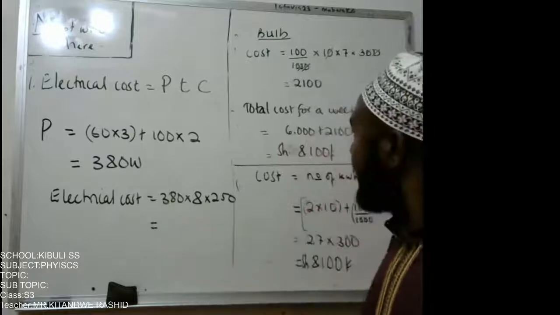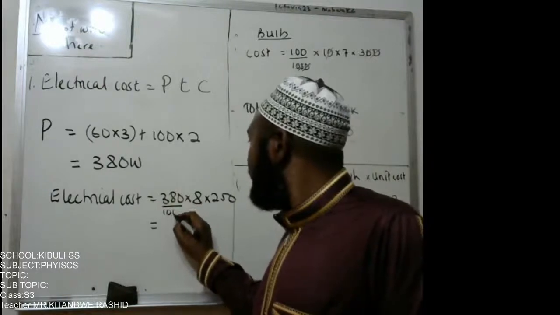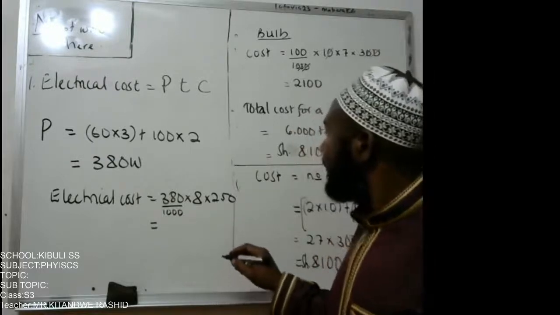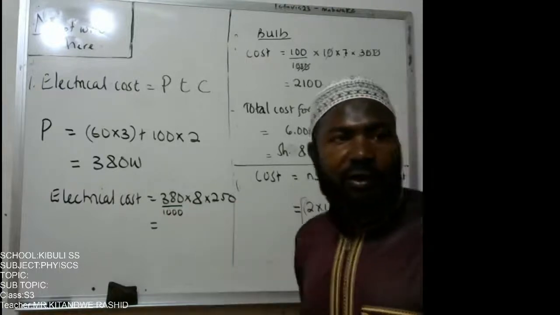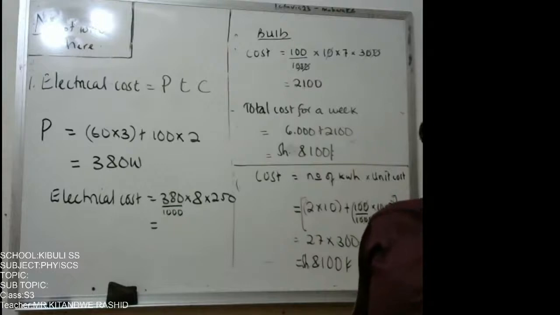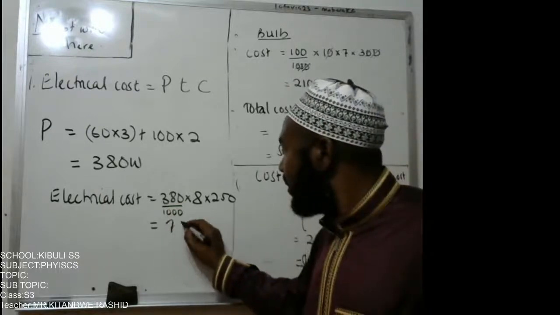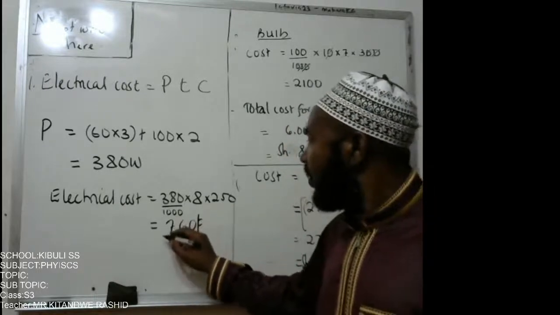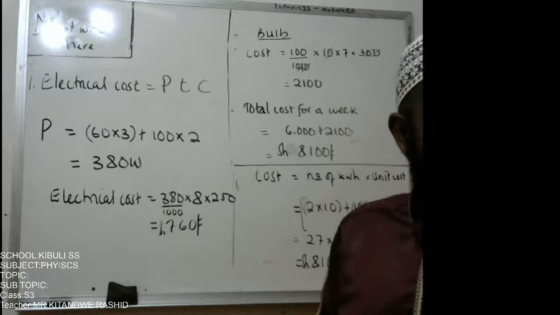We have to divide the watts by 1,000. So multiply 380 times 8 times 250. Which is 760. Like that. Okay, I've agreed. So people must have suffered on that one.